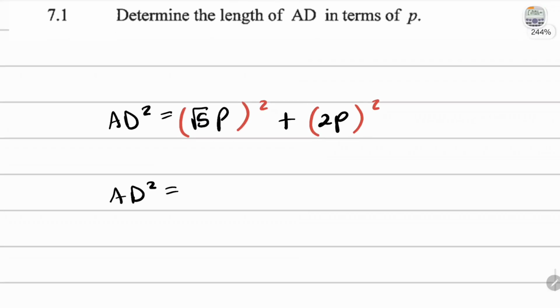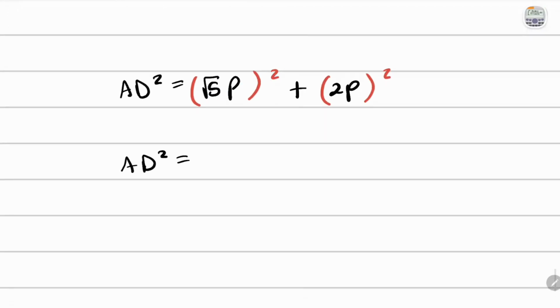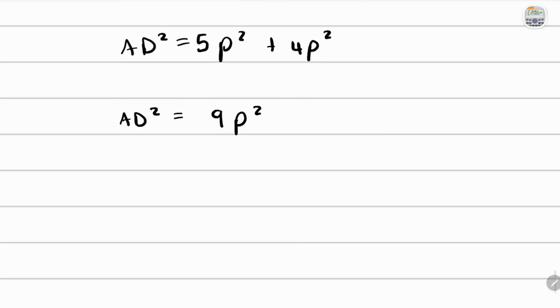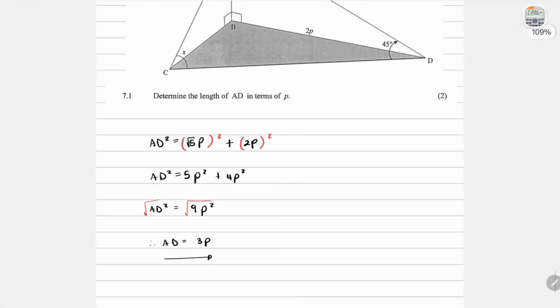If you square a square root, it breaks open, so you have 5p squared plus 4p squared. These are like terms, so we can add them together, meaning AD squared is equal to 9p squared. To find AD, we square root both sides, and therefore AD is equal to 3p. And there we go. That is the first question.